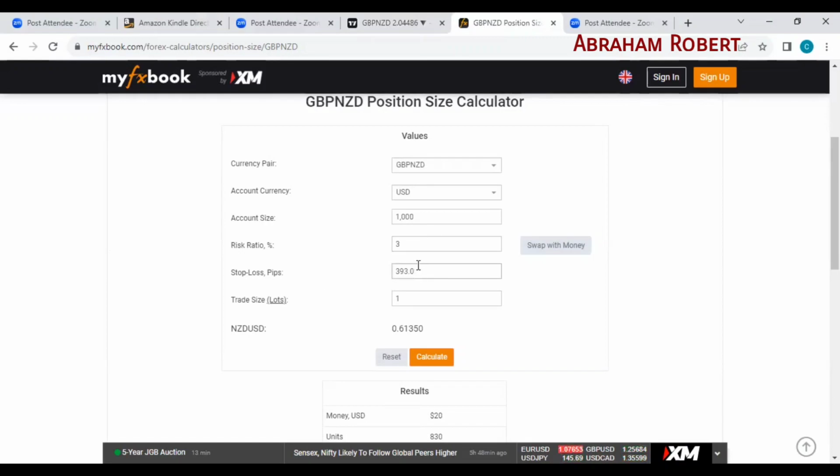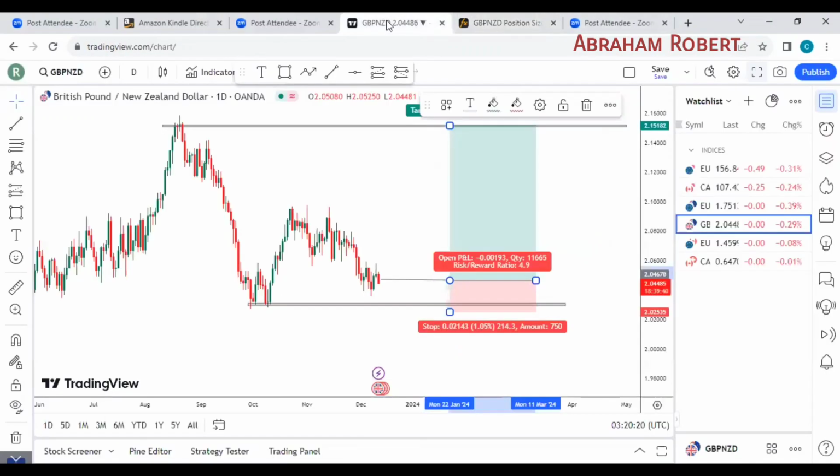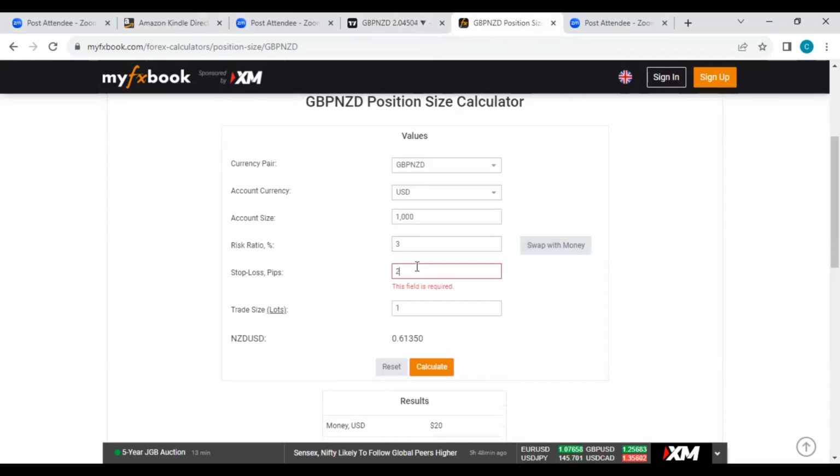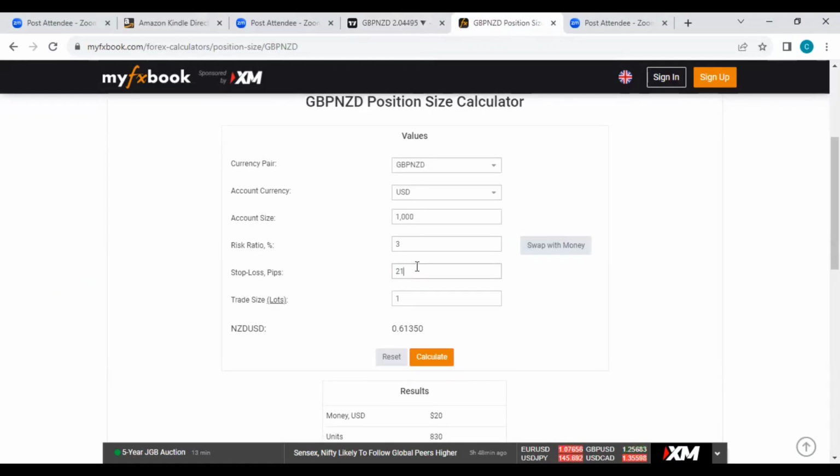Now, the stop loss pips, this is where you get it from: 214.3. You come and fix it in, 214.3.